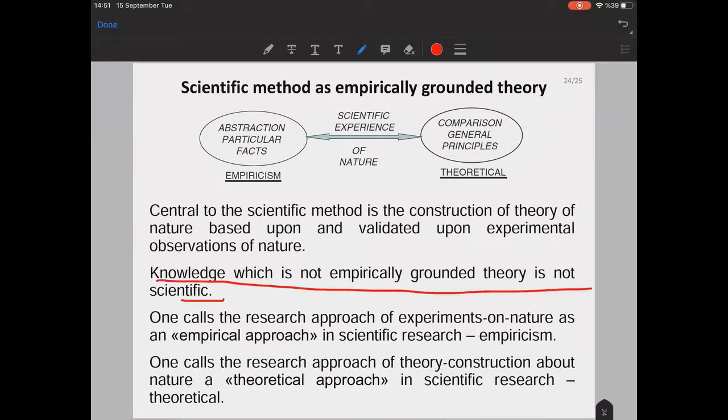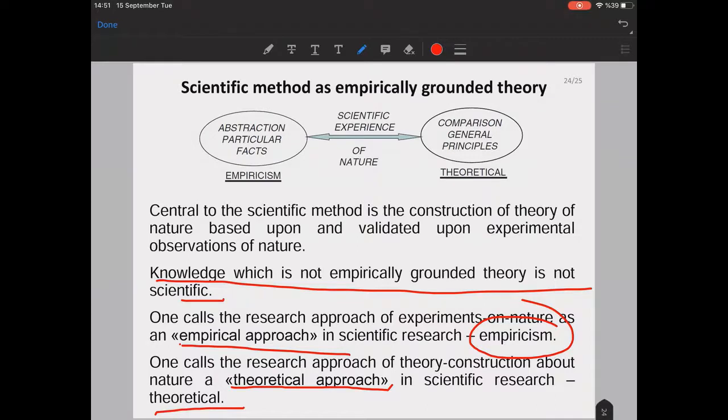So it should be grounded on measurements. One calls the research approach of experiments on nature an empirical approach in scientific research. This is called empiricism. And one calls the research approach of theory construction about nature a theoretical approach. In scientific research, it is called theoretical work.